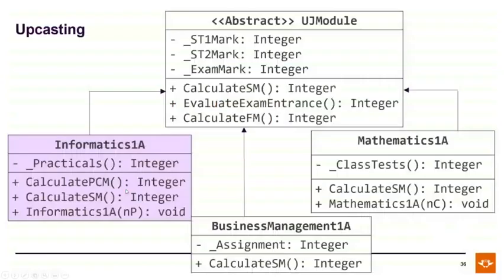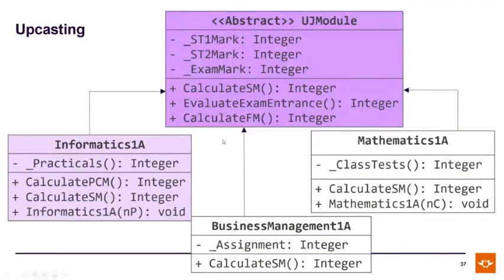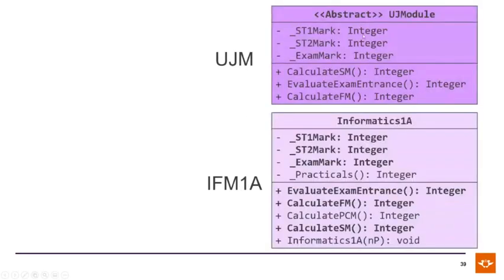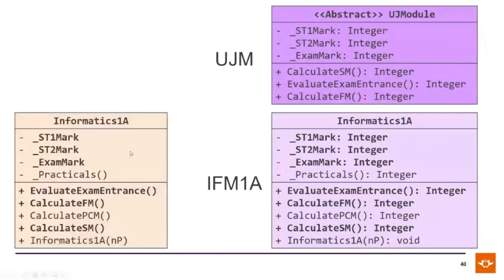So upcasting, which is another piece of the puzzle, is determined by common factors. So if we look at the informatics one, just to give you more of a visual representation of what's actually going on, you're upcasting informatics A into UJ module. So you look at what is inside UJ module, inside informatics 1A, and you look at the common attributes. So if you look at informatics 1A, you'll see that you've got practicals, you've got informatics 1A, the function over here, and calculate PCM.